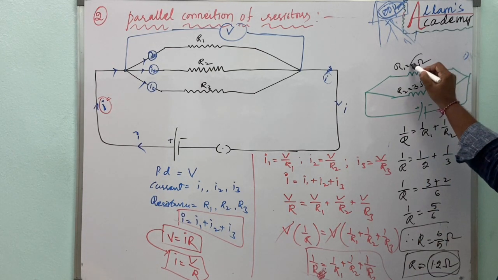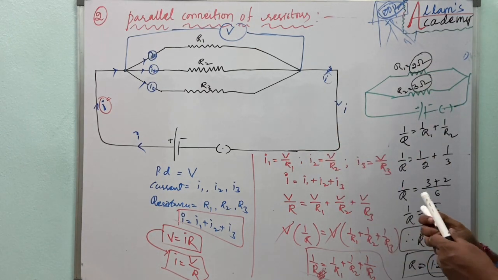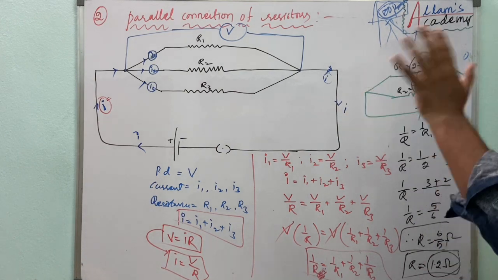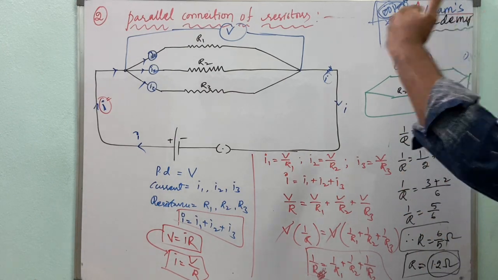Here you see that the effective resistance is 1.2 ohms, but the individual resistances are 2 ohms and 3 ohms. In a series connection, the effective resistance is greater than the individual resistors.